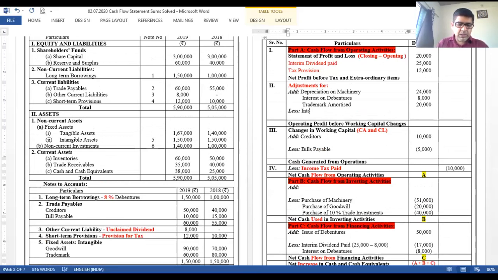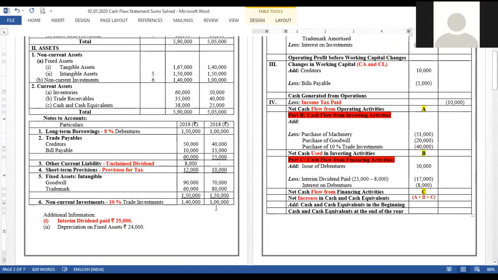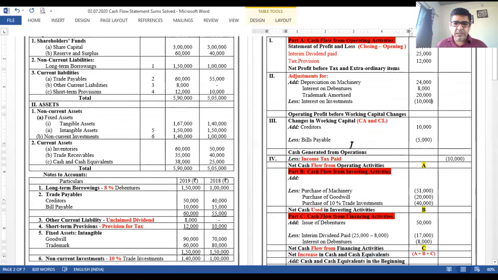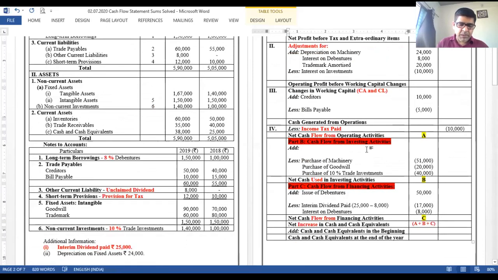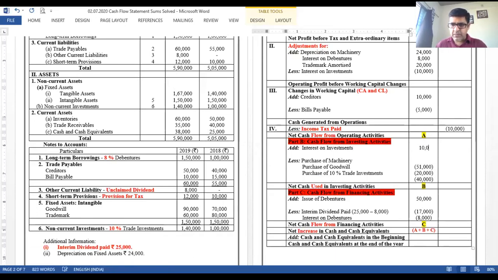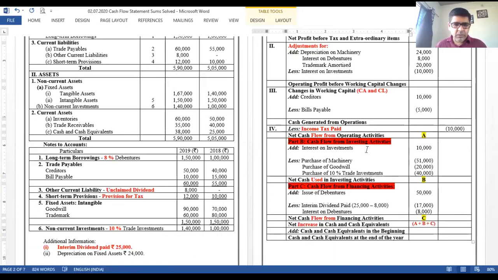So interest on investments, amount is 10,000. Now this amount has been received by us. So again, in investing activity, it has to be added. Interest on investments, amount is 10,000. So this is how we complete the non-current investments.